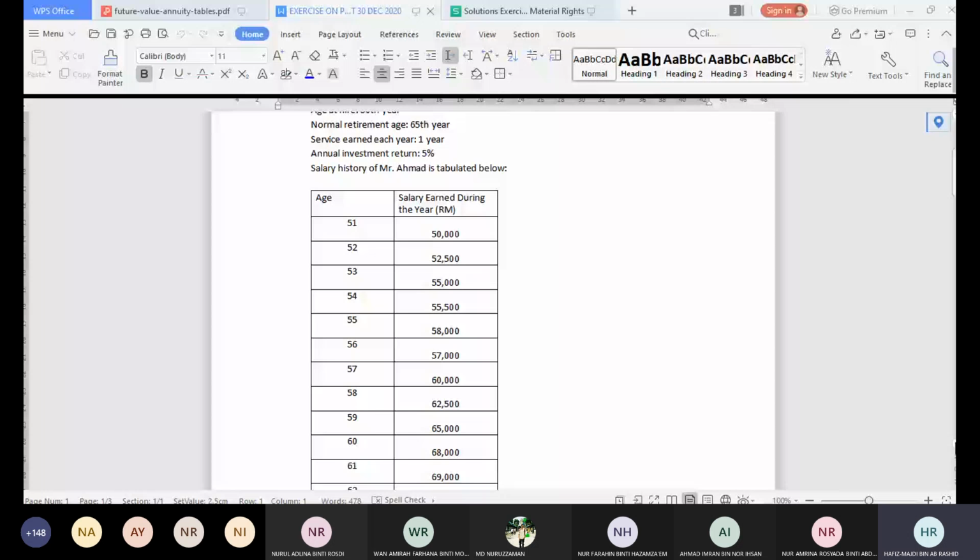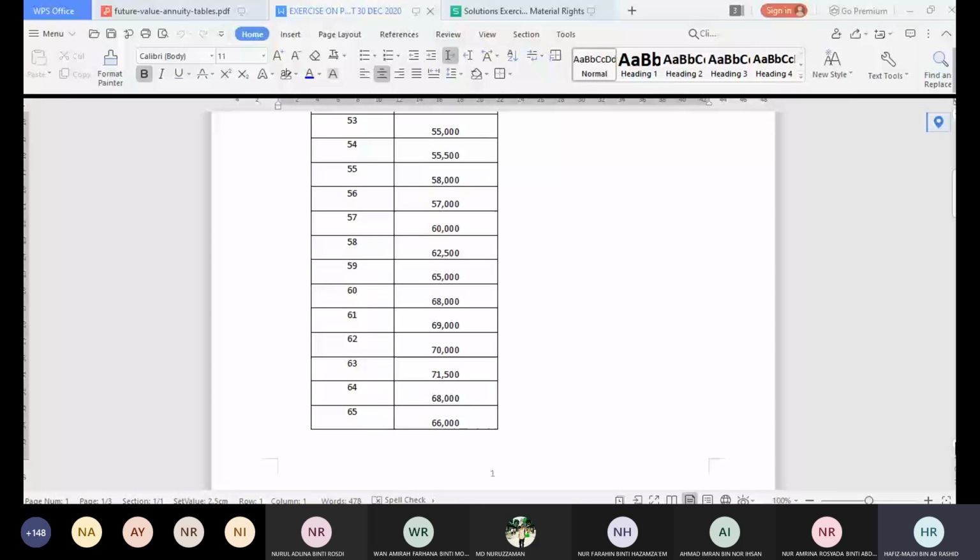Of course, Mr. Ahmad was employed at the age of 50, so when he completes his first year of service, his age will be 51. Then in the next column, you are provided with the annual salary of Mr. Ahmad for each year until he retires at the age of 65.